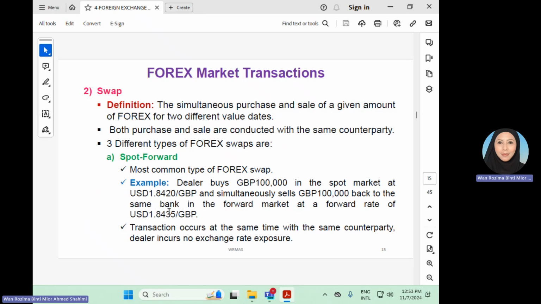So for this spot forward, they engage the spot first, from USD to British pound 100,000.